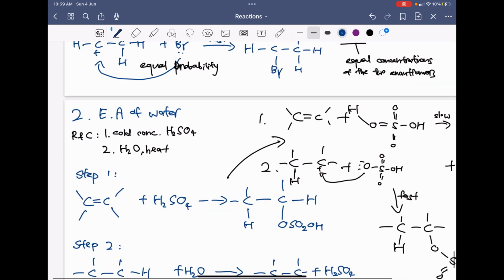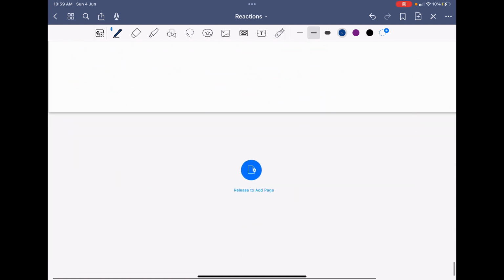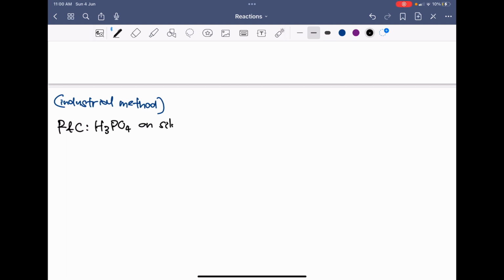And as I have mentioned, this is the lab method. So if we're looking at the industrial method, the reagent and conditions would be H3PO4 on silica, high temperature and pressure.